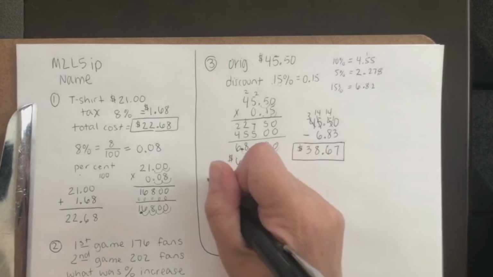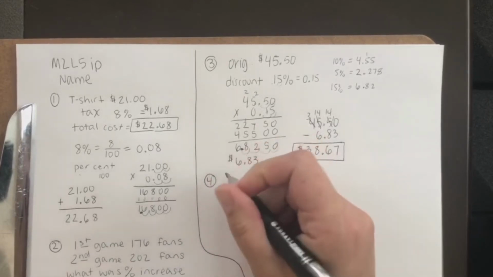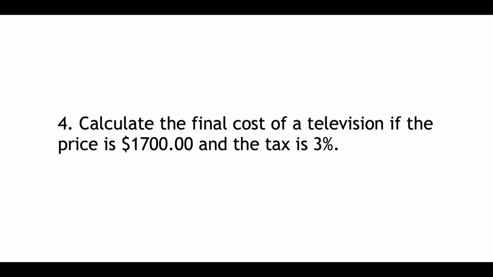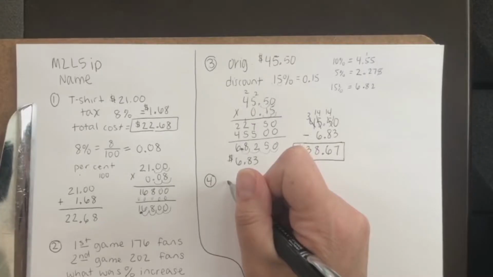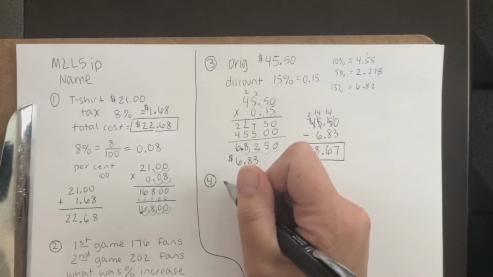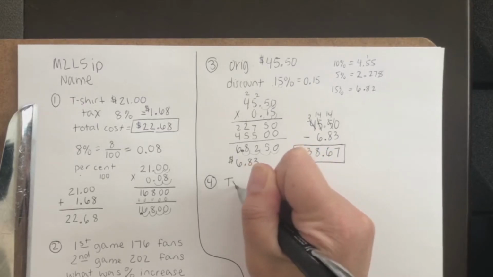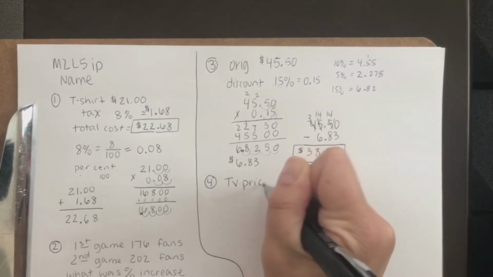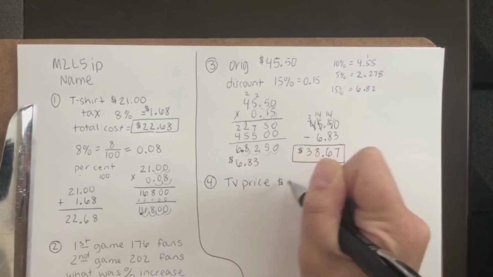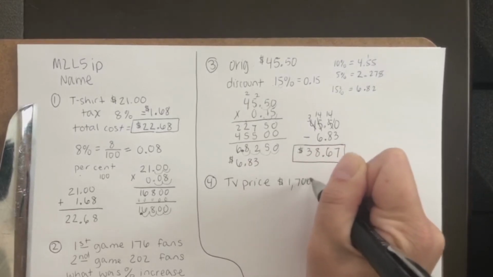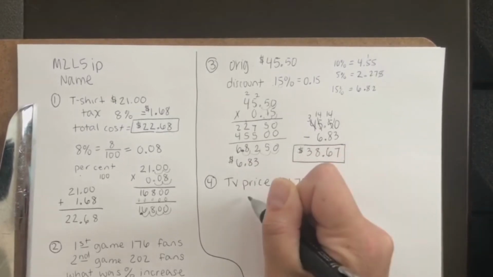All right, number 4. Calculate the final cost of a television if the price is $1,700 and the tax is 3%. Tax is 3%, where is that? I need to move there. Okay, TV price is $1,700.